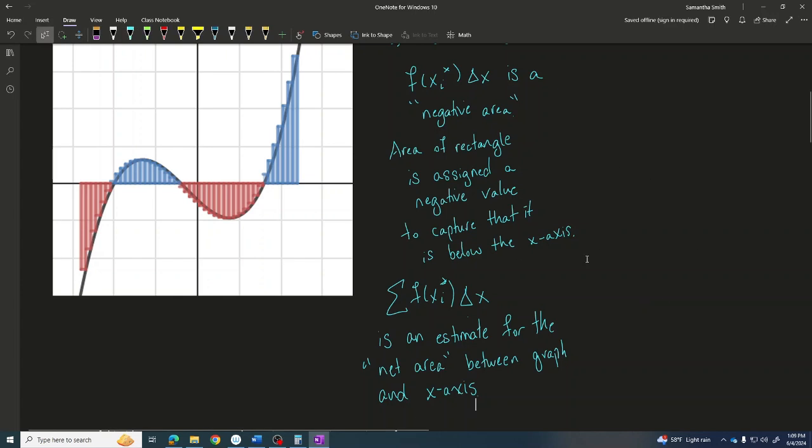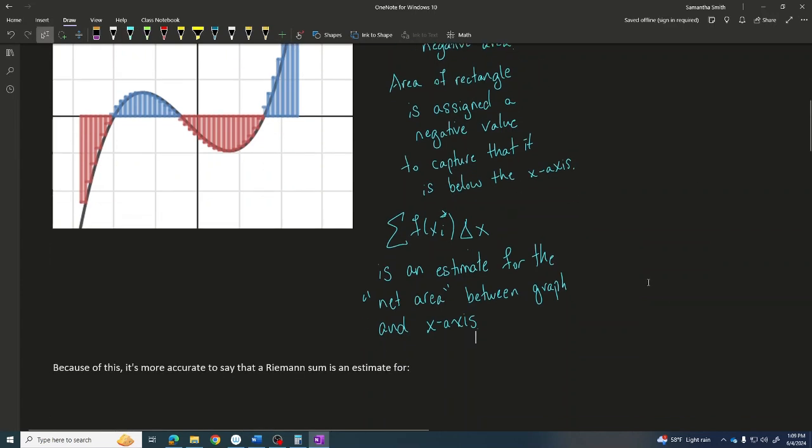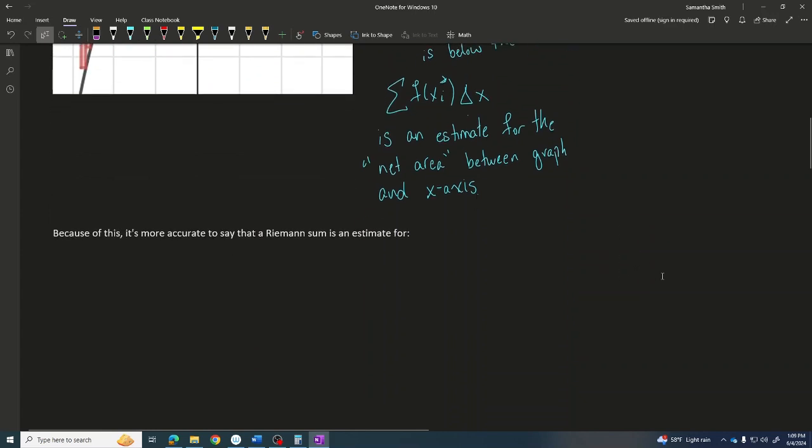So to emphasize, the difference between net area and area is that net area considers areas to be positive if they are located above the x-axis. It considers areas to be negative if they are below the x-axis.